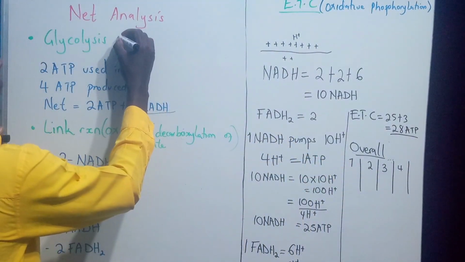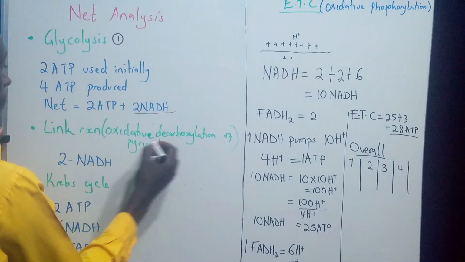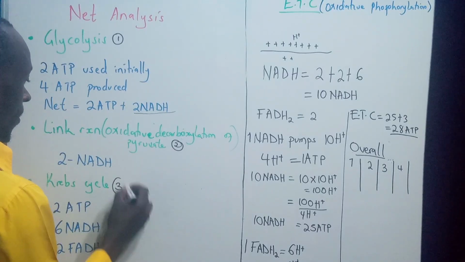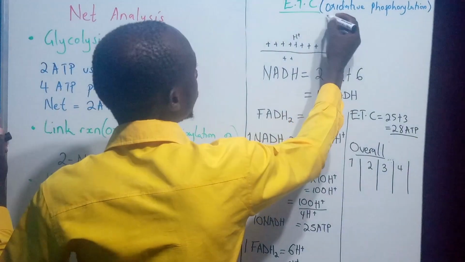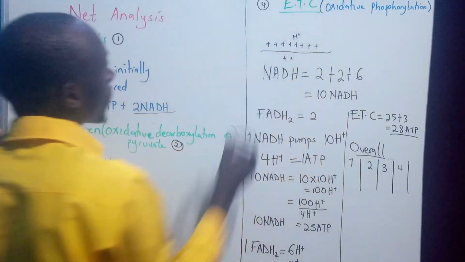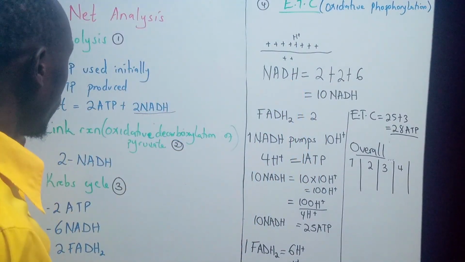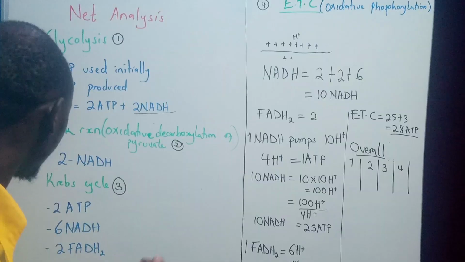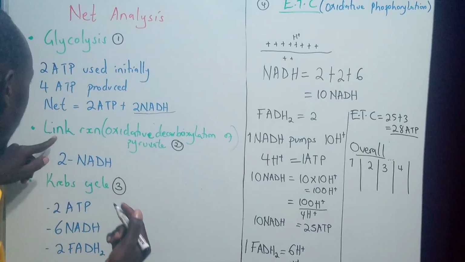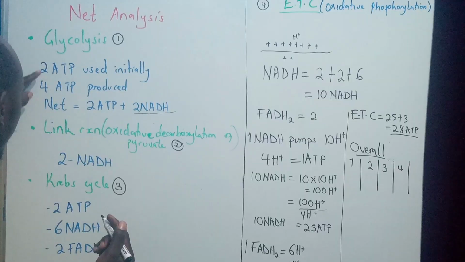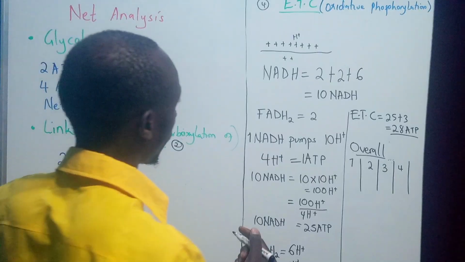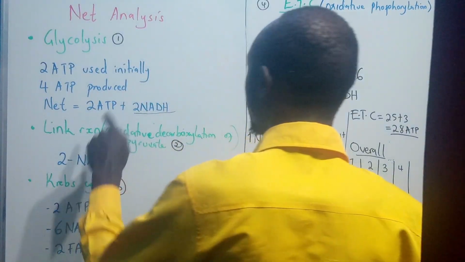So I'm describing this as stage 1, then stage 2, stage 3, and then this is stage 4. So there are 4 stages, though there are mainly 3 stages, but the other stage which comes in and fits in is the link reaction that links the glycolysis to the Krebs cycle. So we can count the overall ATP molecules stage by stage.